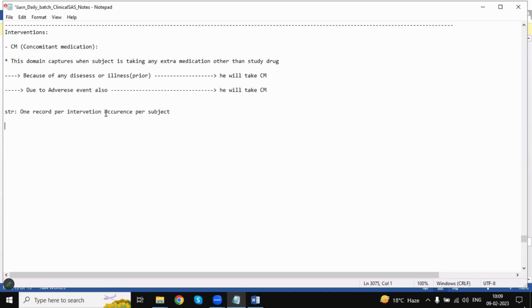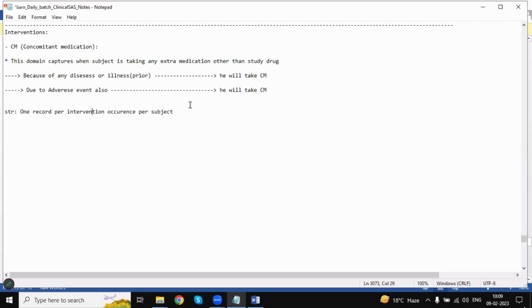For each intervention occurrence, for each concomitant medication, for example, if the subject is taking 3 medicines, we are going to get 3 observations. If the subject is taking only 2 extra medications, those 2 observations will be in your output data set in the concomitant medication domain for each subject.